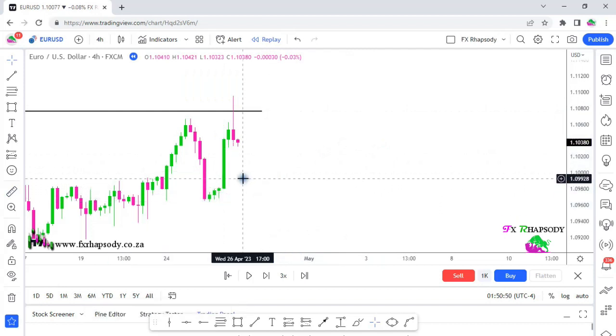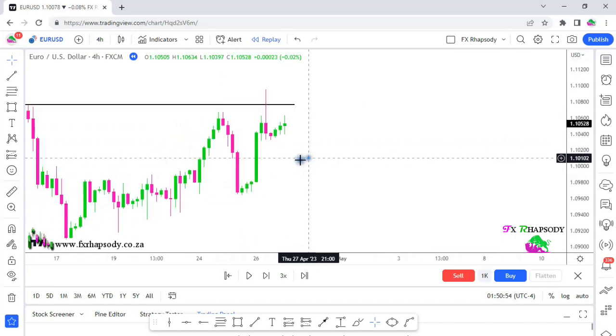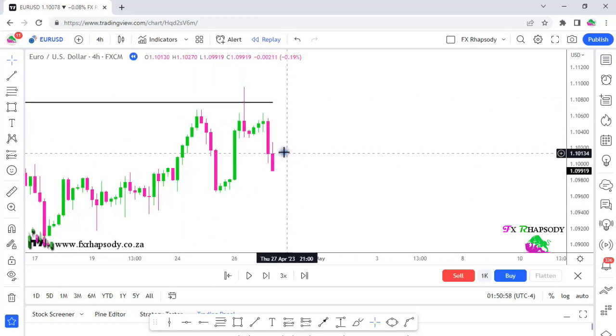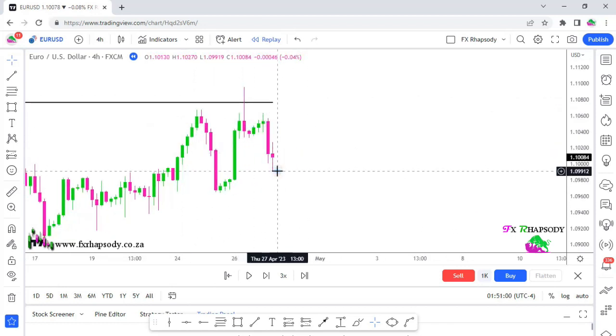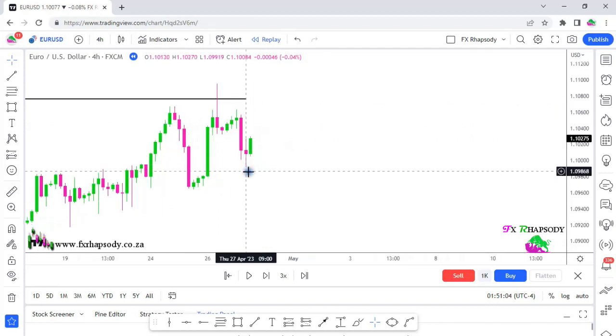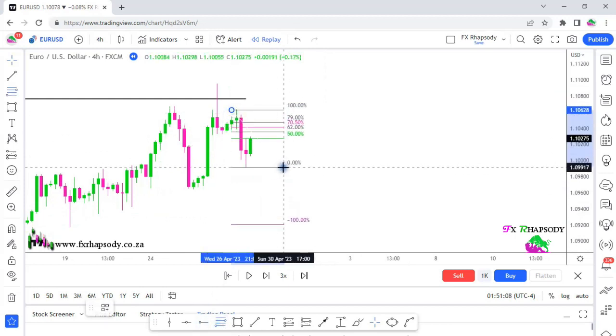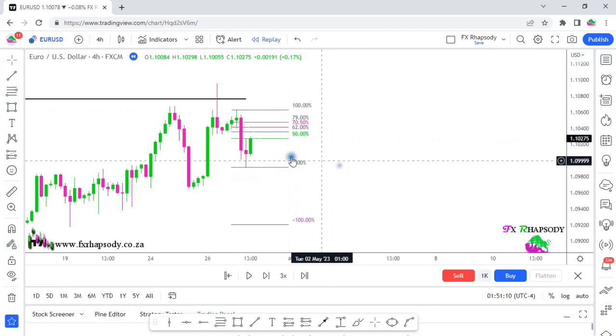So now price started going down again. It was in this, let's call it a ranging phase. Okay, so you see price dipping down, and then what I always do, again, following what I always say, is you take your Fibonacci from the swing high where price broke that to that swing low. So I'm just going to show you again.